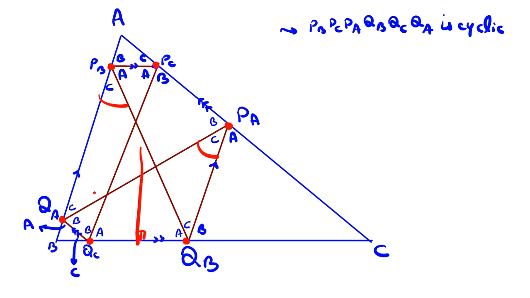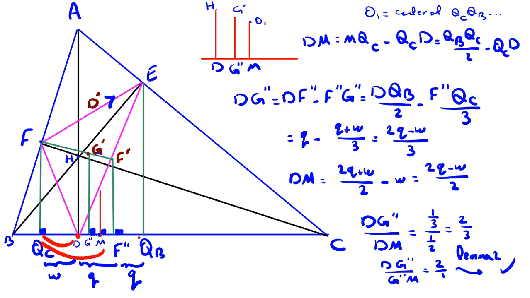So we can say that M is the midpoint of QCQB. Now we say DM is MQC minus QCD. Now MQC equals what? Half of this, because it is the midpoint here. So you can say MQC is QBQC over 2 minus QCD.